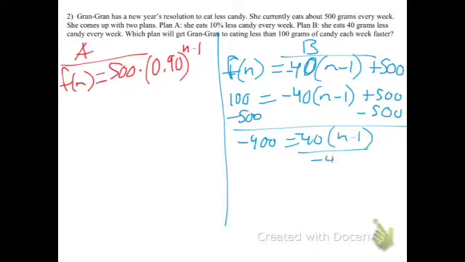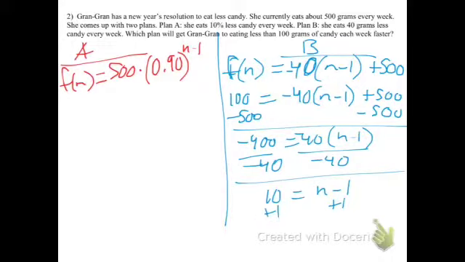Divide by the negative 40. Remember all your solving skills that you used before. This one's going to give you 10 equals n minus 1. Add the 1. So the 11th term of the sequence, which is actually 10 weeks, is going to be when on plan B she's going to get to 100 grams. So after that, it'll be less than 100 grams.